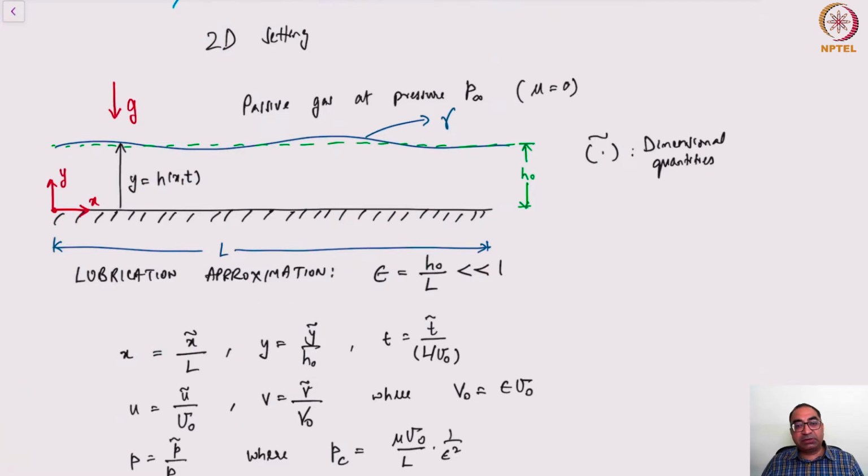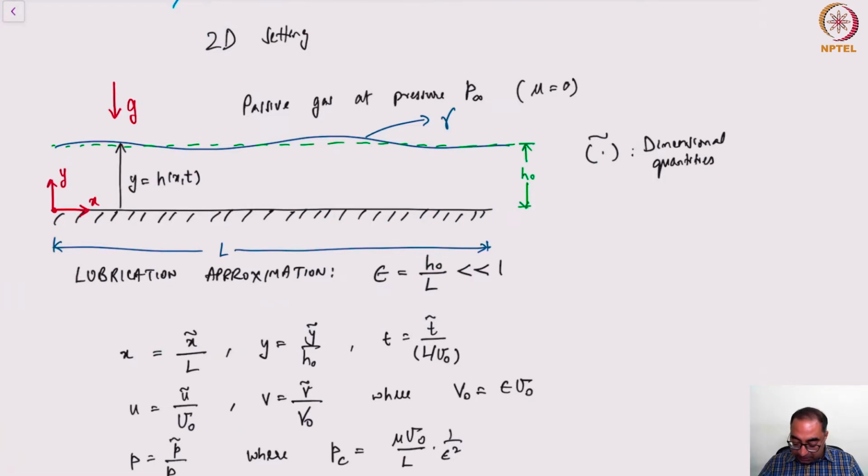If it's a van der Waals driven problem, then it could be a balance between van der Waals forces and viscosity. You could even have a gravitational spreading problem. So you could actually have a different scale for velocity. At this point, it would be best to leave u0 as a characteristic scale, and at an appropriate time, we will define this characteristic scale for velocity.